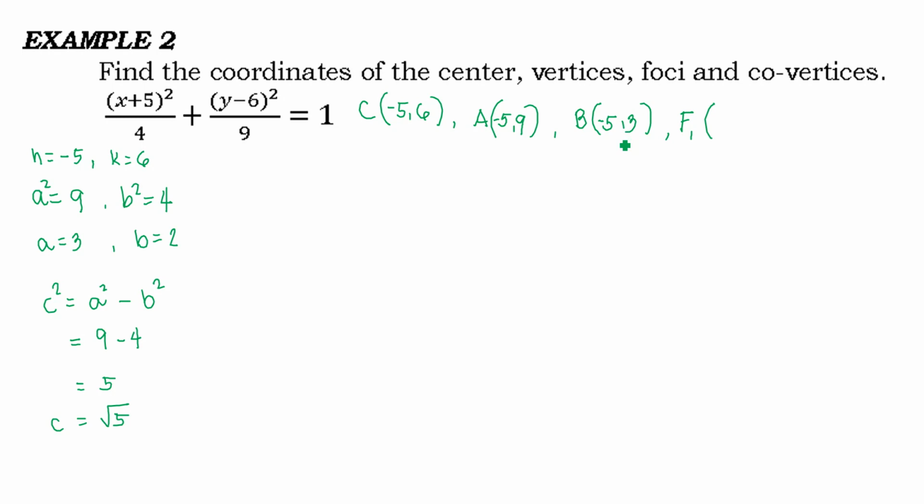Now, for the focus 1, kasi vertical ellipse siya, then the focus would be -5, 6 plus square root of 5.